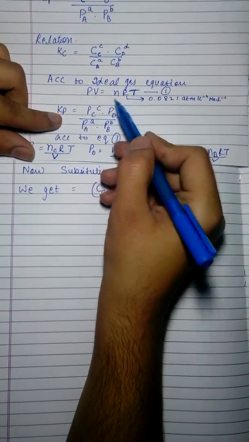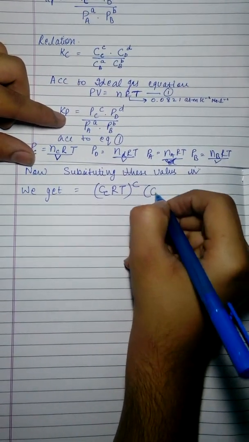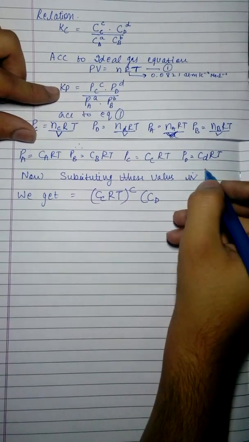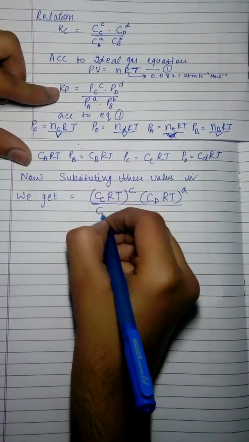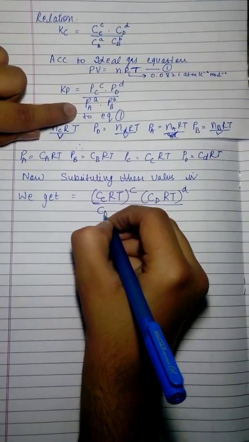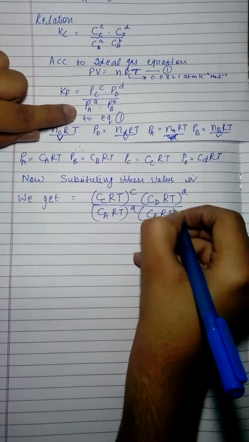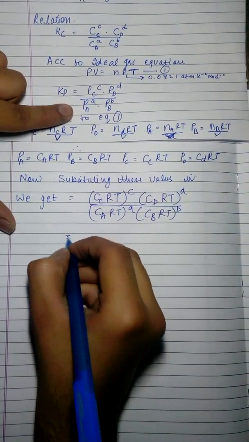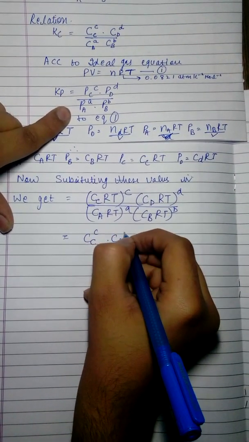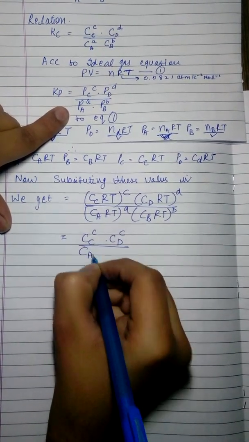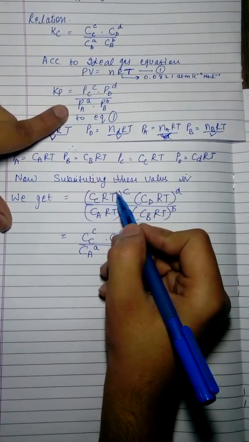We are to substitute it here: CDRT raised to d upon CART raised to a, and CBRT raised to b. We will get CC dot CD raised to power c upon CA raised to power a dot CB raised to power b.